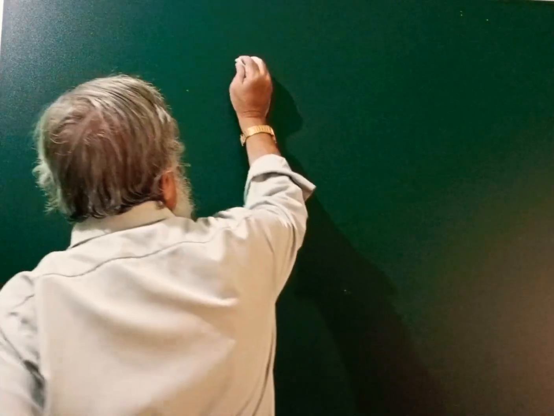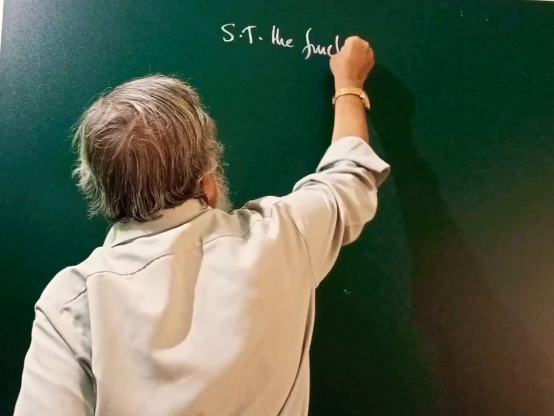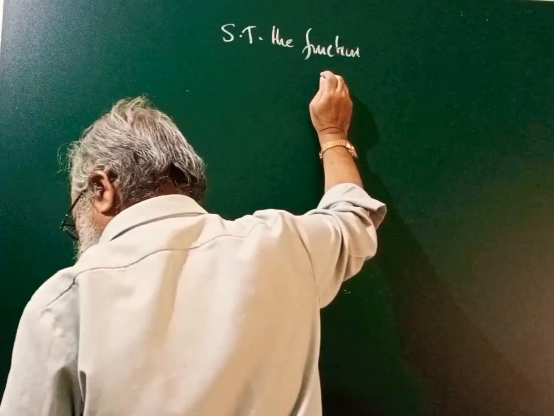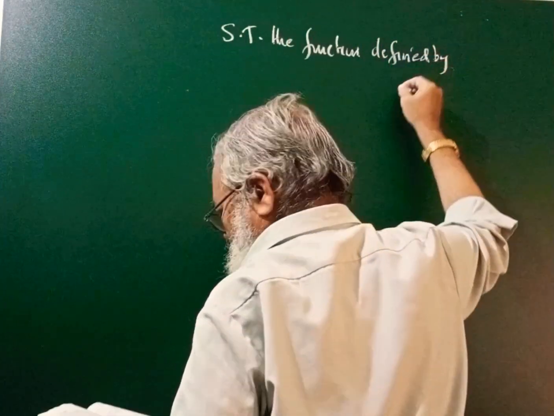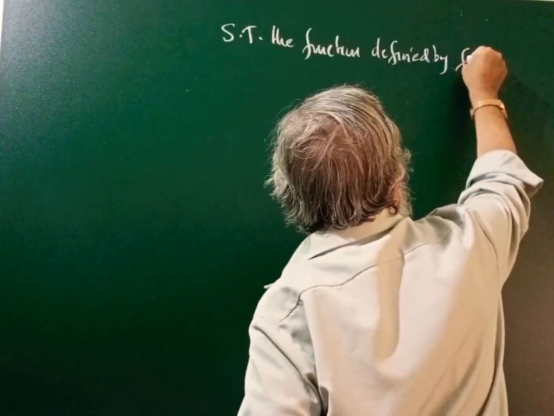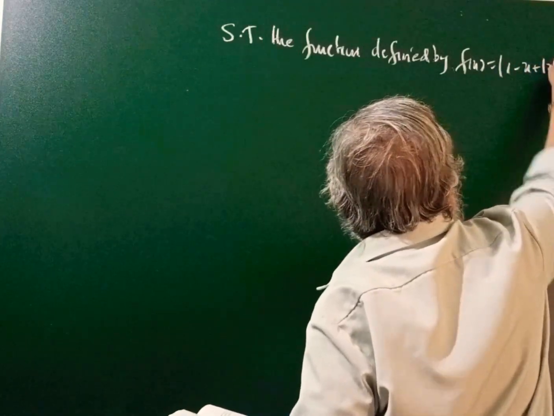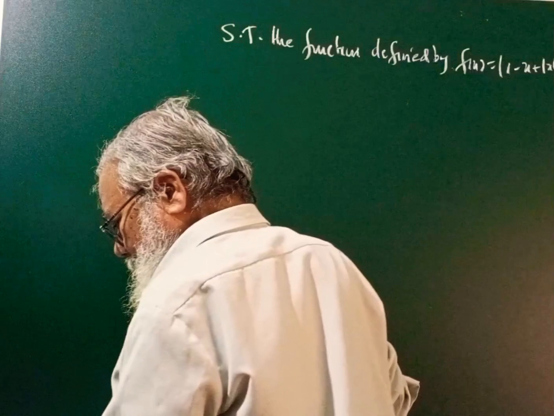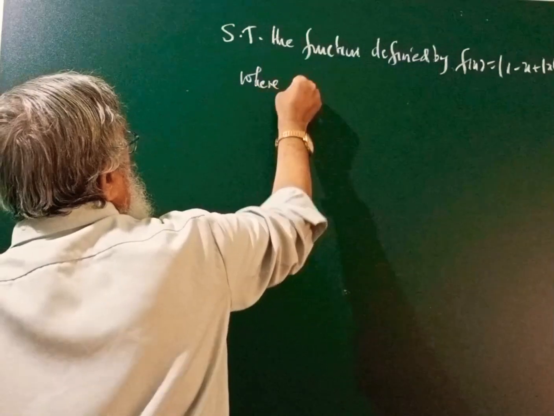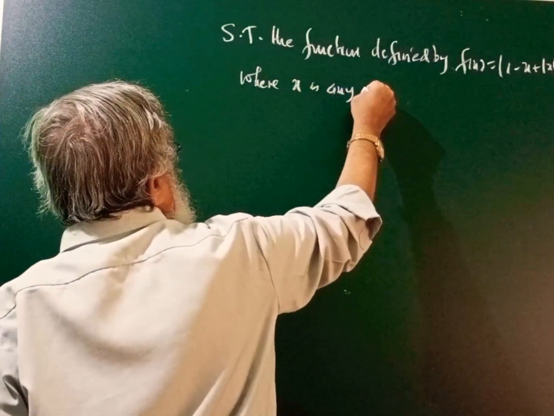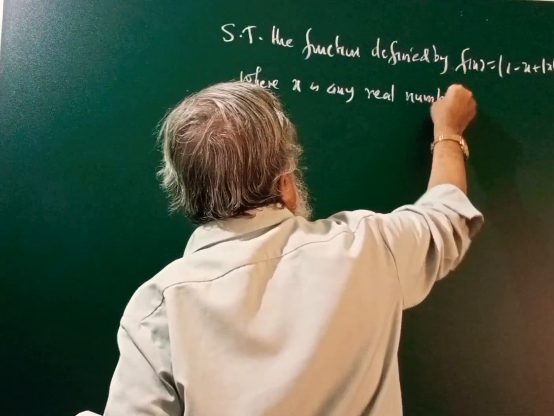And the function defined by f(x) is equal to mod of 1 minus x plus mod x, where x is any real number, is a continuous function.